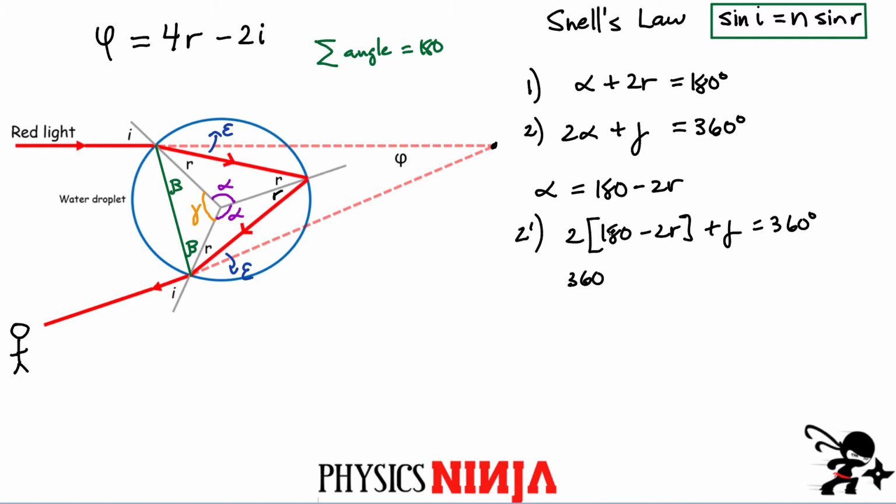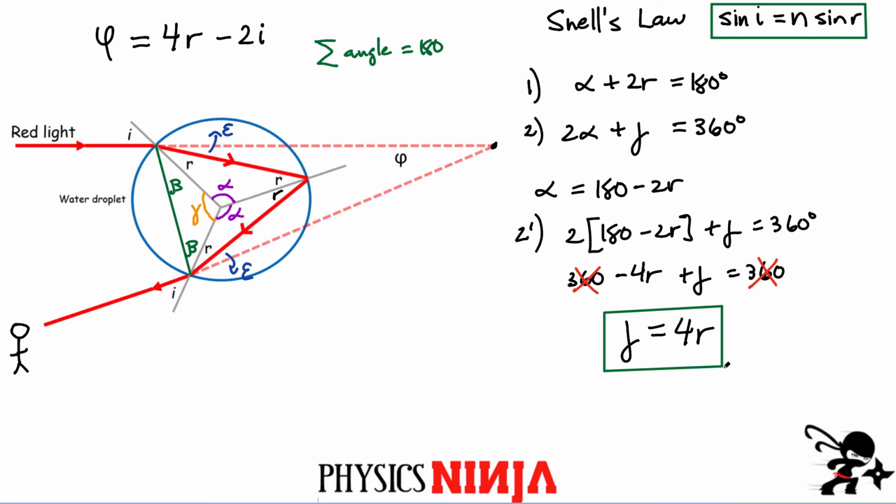Carry that out, distribute that 2: 360 minus 4r plus gamma equals 360. We have 360 on both sides of the equation, so we can cancel that out. We get to one expression: this angle gamma is the same as 4 times this refracted angle r. This is a good starting point, and we're going to use this expression in just a little bit.